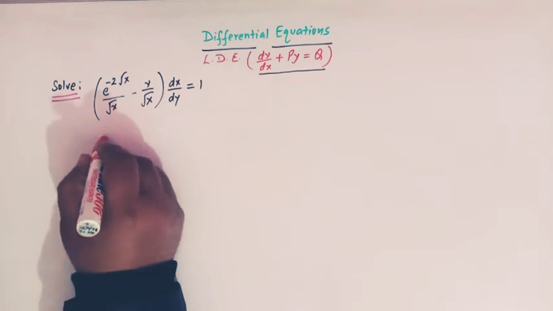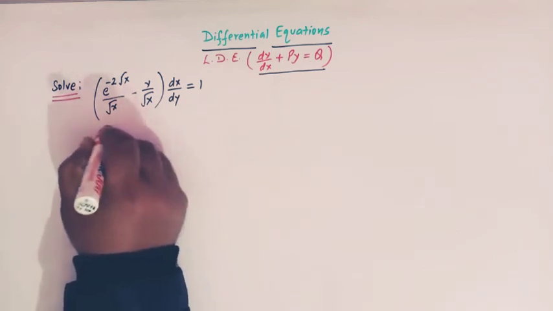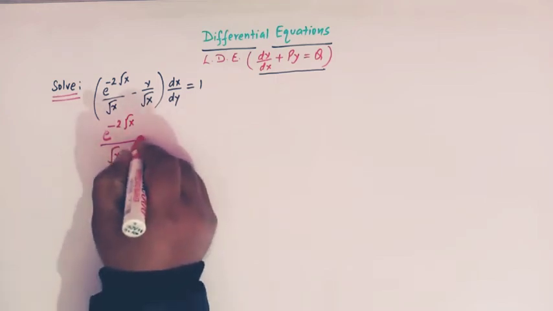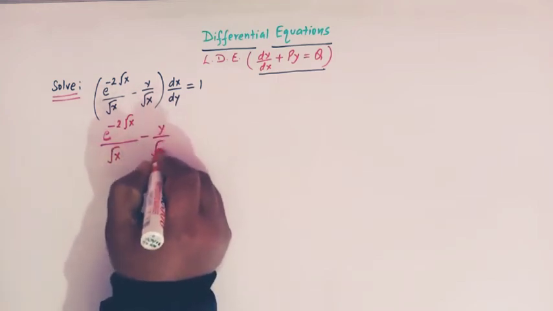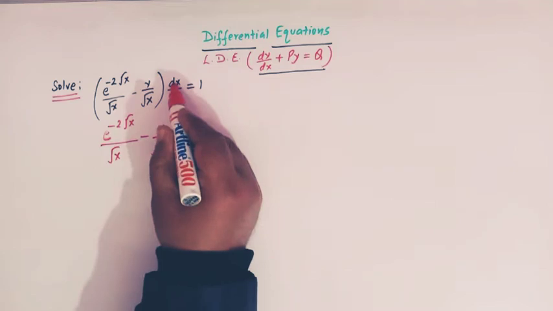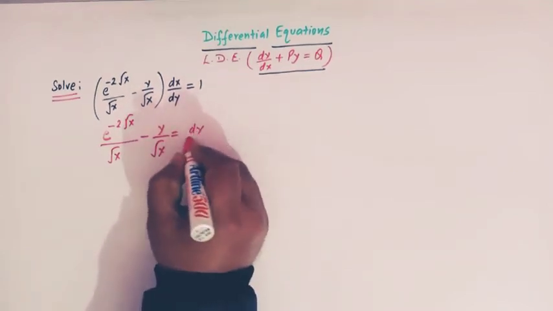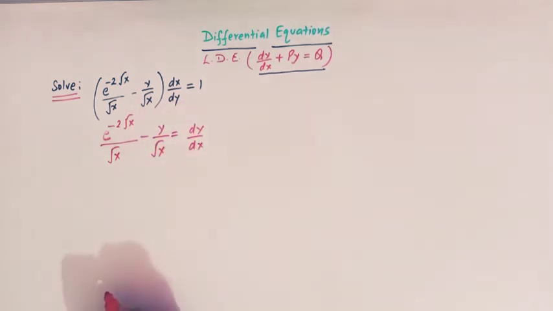So now we can write it as e raised to minus 2 times root x over root x, and here we have y over root x, and taking this dx over dy to this side, so we have dy over dx, right?